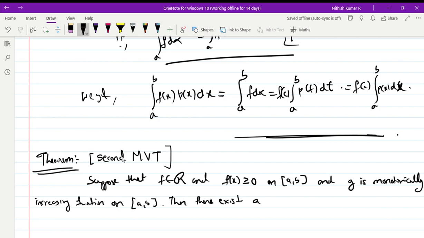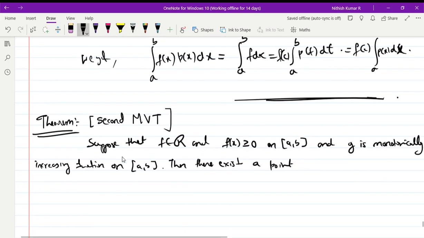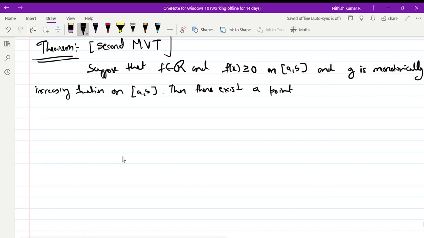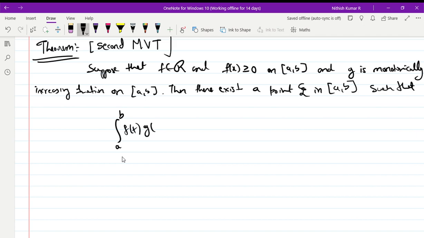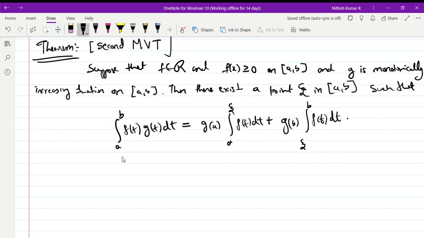Then there exists a point zeta in the closed interval [a, b] such that the integral from a to b of f(t) g(t) dt equals g(a) times the integral from a to zeta of f(t) dt plus g(b) times the integral from zeta to b of f(t) dt.